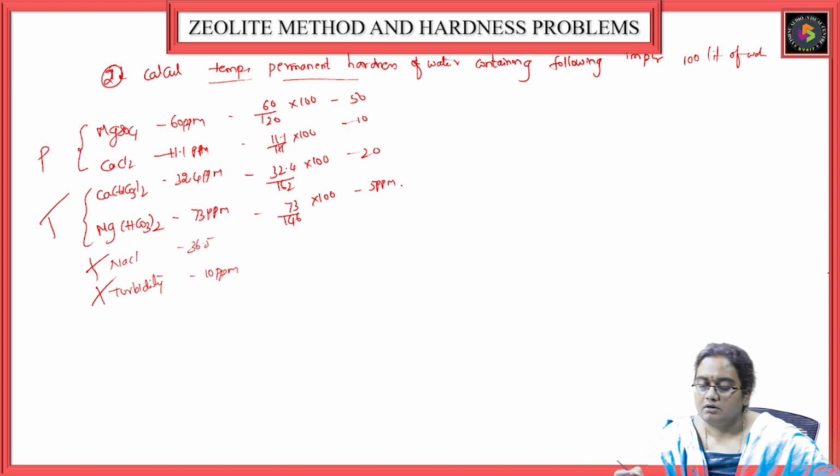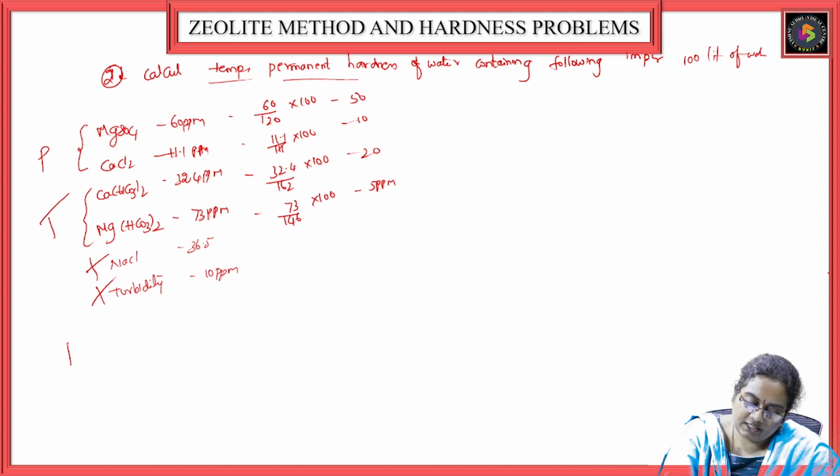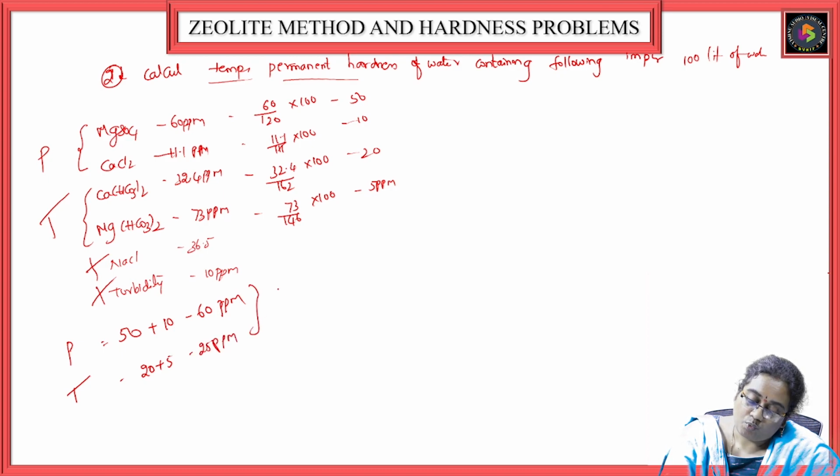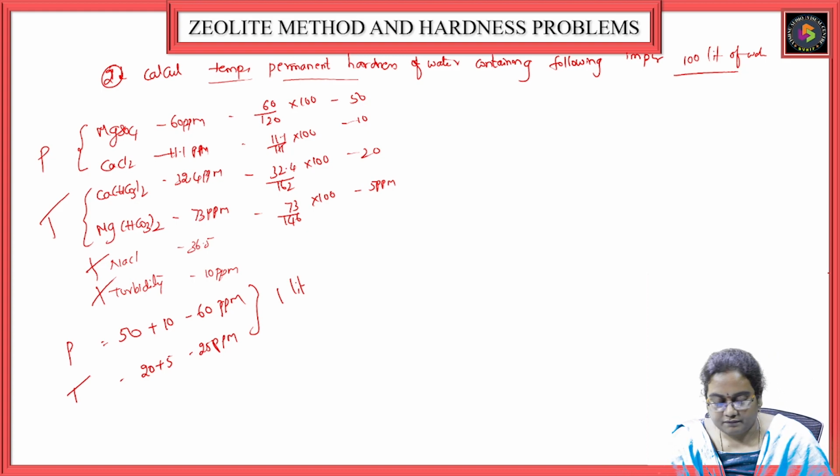Okay, now what is the value of permanent? Permanent is 50 plus 10, that is 60 ppm, and temporary is 20 plus 5, which is 25 ppm. That means it is for 1 liter, but we need to calculate it for 100 liters. So we need to multiply into 100.